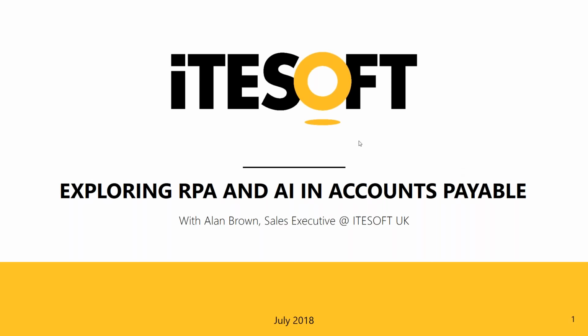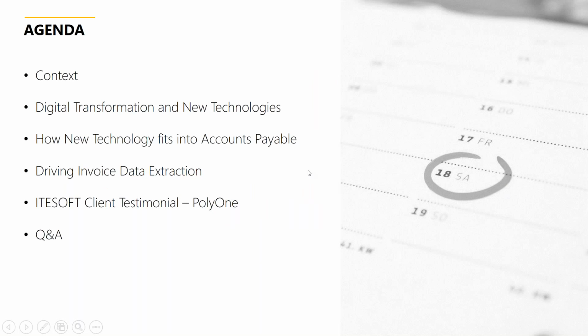In terms of what we're going to take you through today, we're going to put a little bit of context around what is robotic process automation, artificial intelligence, and the accounts payable side of things.